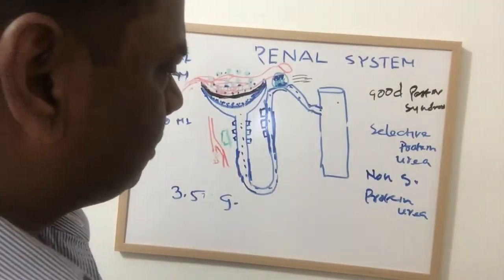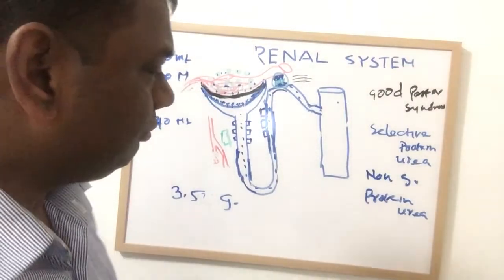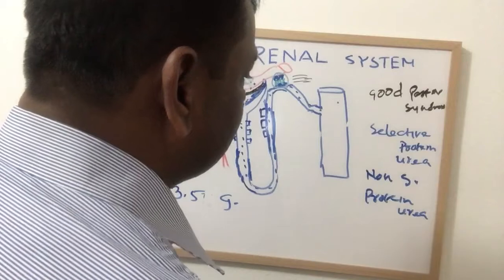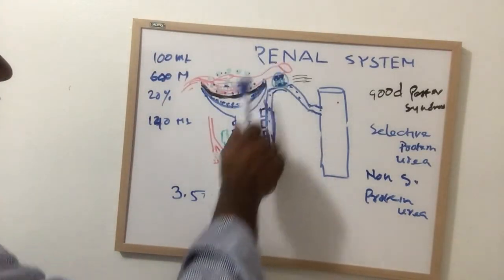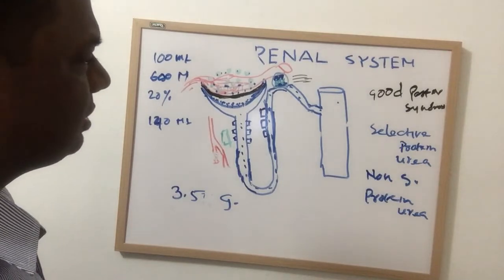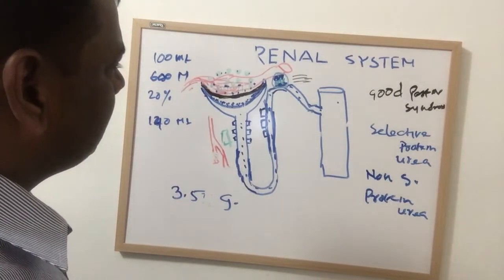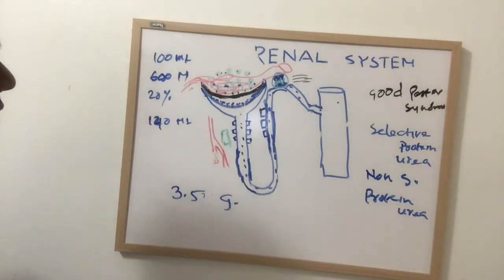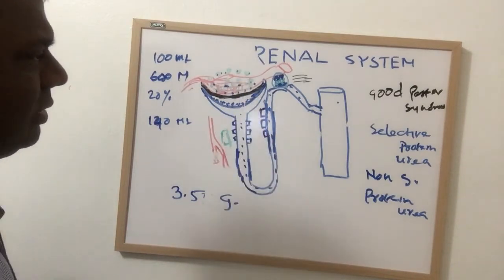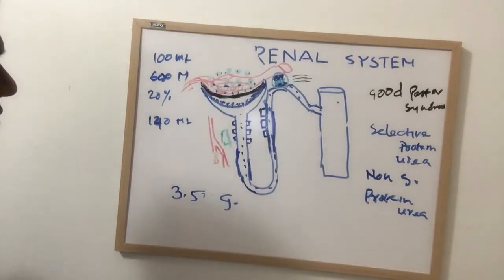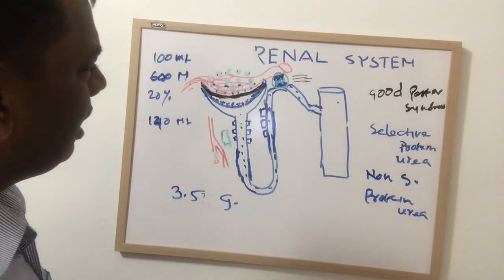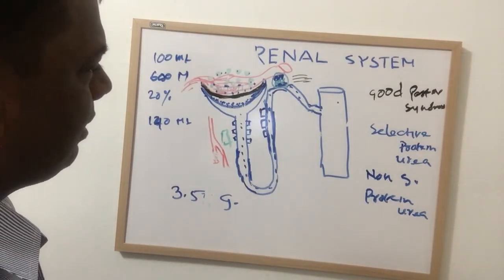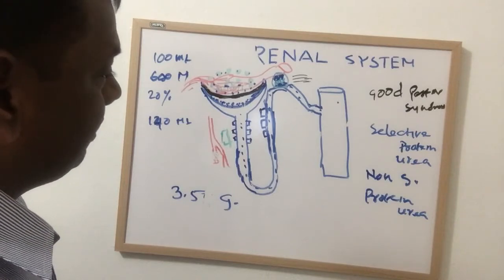What's the situation in the blood? Hypoproteinemia, hypoalbuminemia. Once it gets hypoalbuminemia, the liver compensates by secreting more protein, up to 10 to 12 grams of protein a day.